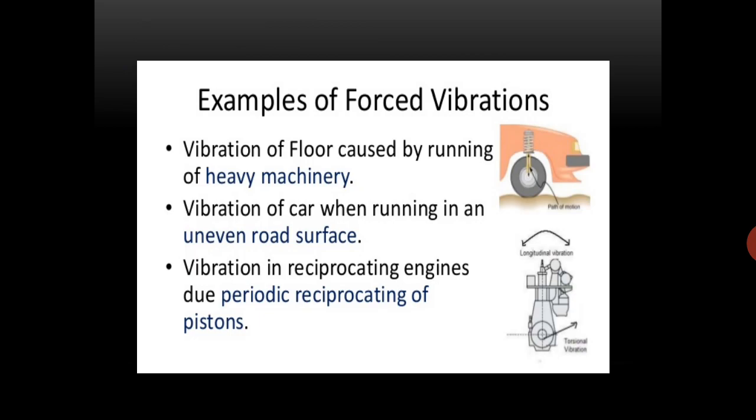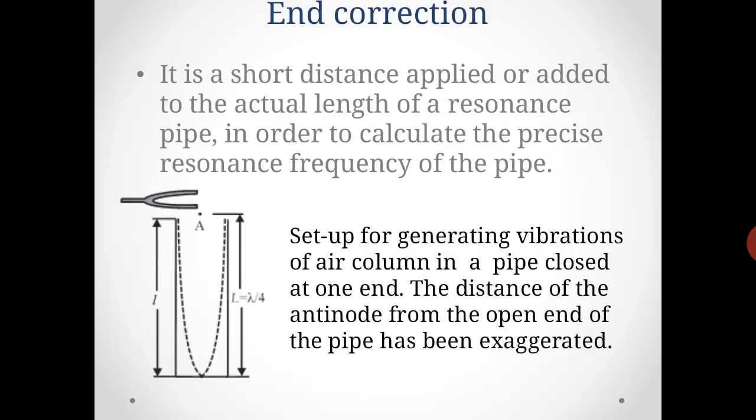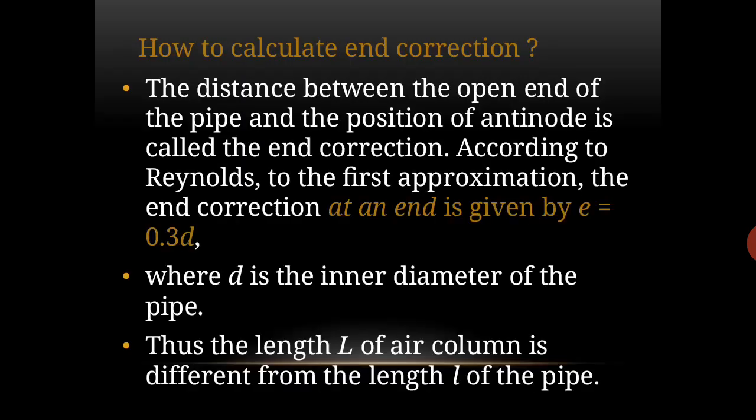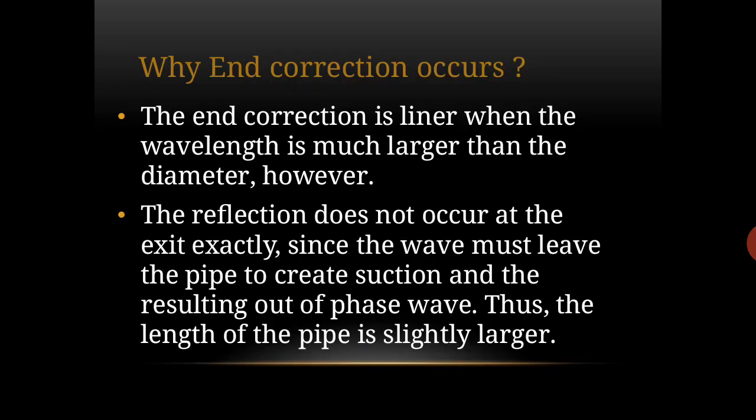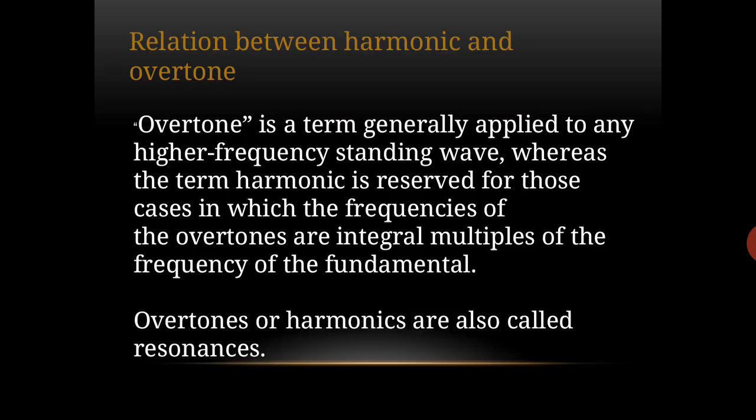Then we have seen the examples of forced vibrations. You can find your own examples of forced vibration in your daily life. Then we have seen the harmonics and overtone. Then we have seen the end correction, how to calculate the end correction, why end correction occurs, then end correction for a pipe closed at one end and end correction for a pipe open at both ends, relation between harmonic and overtone.